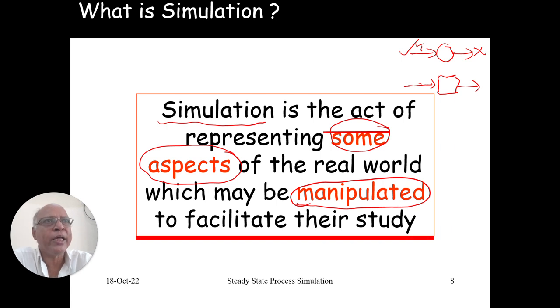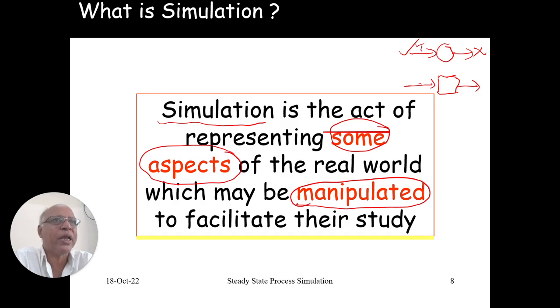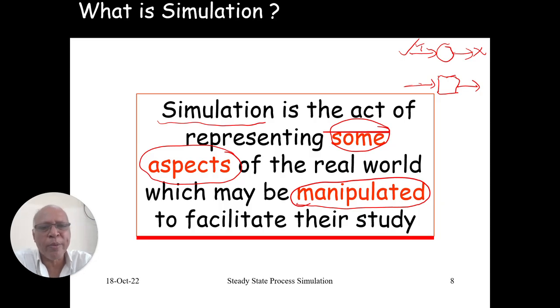You are manipulating the input temperature and solving the mathematical model in order to obtain the corresponding conversion. Doing this repeatedly, you will be able to establish data representing conversion as a function of temperature. Maybe utilizing the data, you will be in a position to either graphically find out the optimum solution or use any other optimization technique to calculate the optimum temperature. So this is what I mean by manipulation.